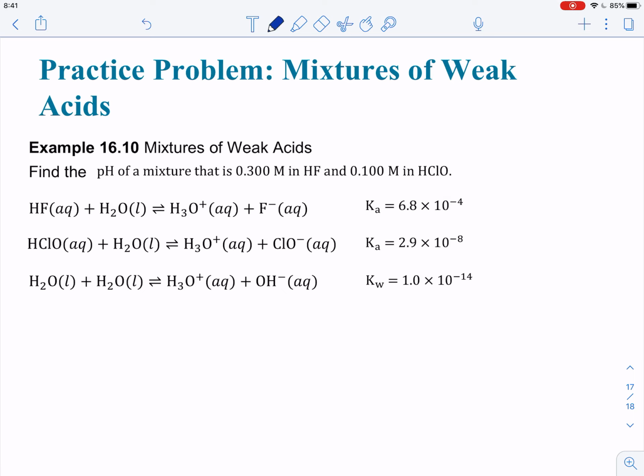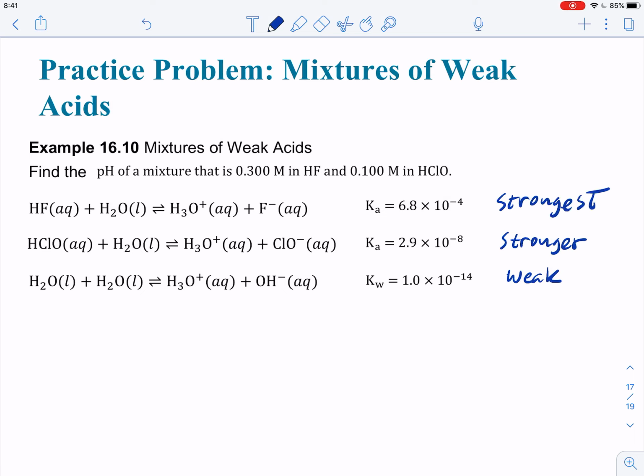So you have three different acids, water included, and what you notice is that out of these three, you can pretty much say that water is weak, chlorous acid is stronger, and HF is the strongest.